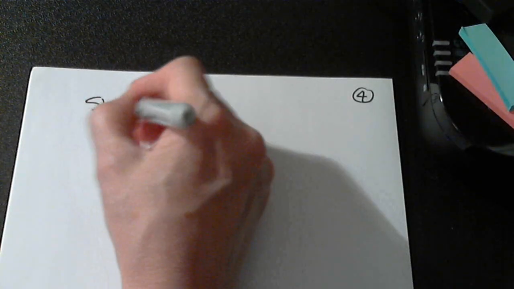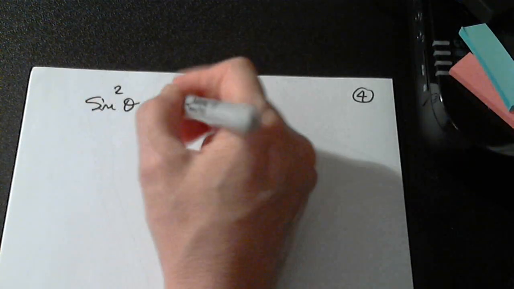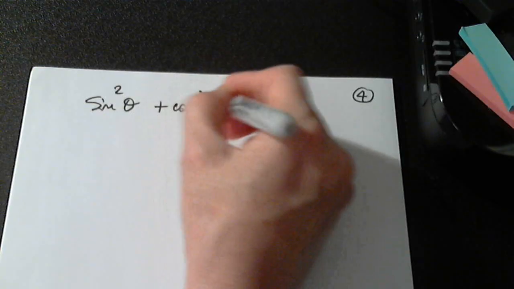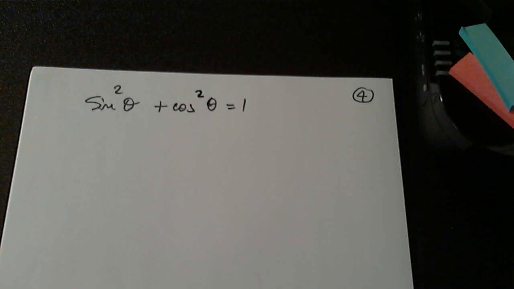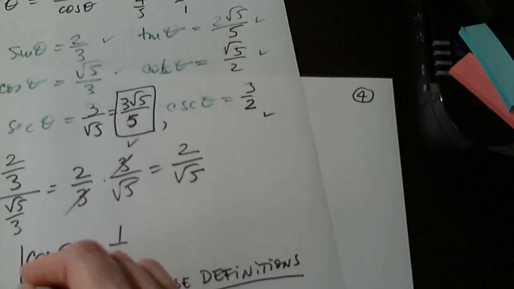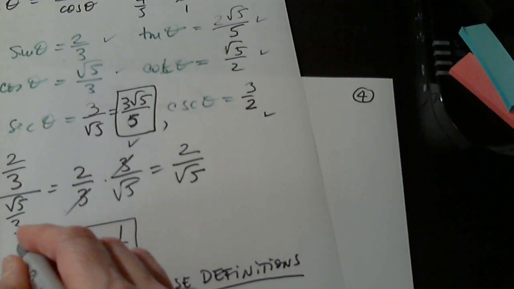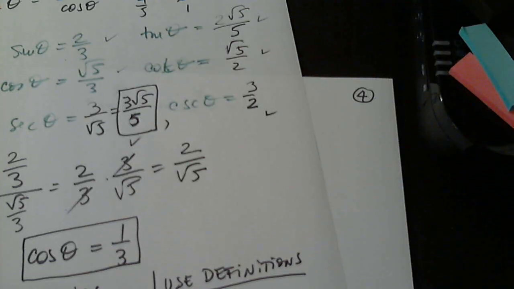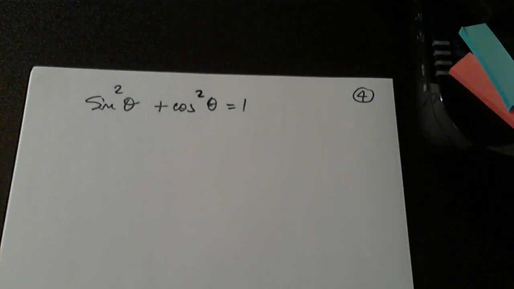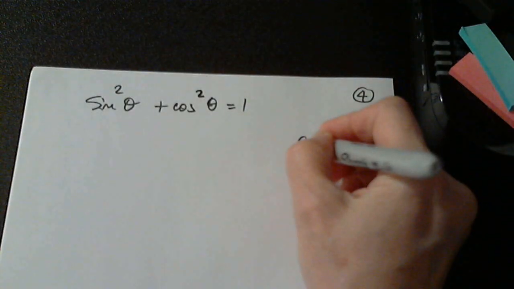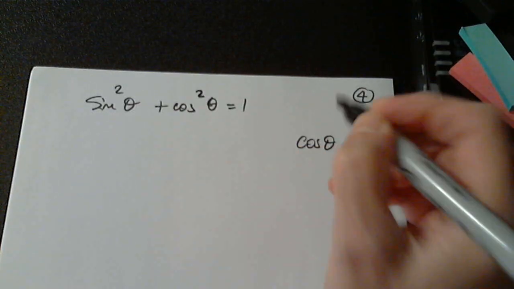So one of the major identities we discussed was that sine squared theta plus cosine squared theta equals 1. Every time I'm given sine or cosine, that's the easiest step. How come? Well, I am given that cosine theta equals 1/3.